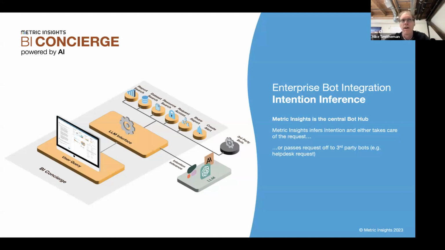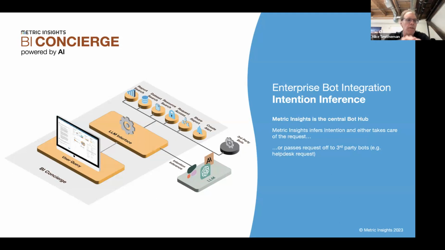I think Wayne referred to this when we were talking prior to the webinar as the Uber bot of bots, if you like, where as a user, I should just be able to ask my question regardless of what's going to answer it behind the scenes. And that Uber bot should do the inference around which underlying technology is best to answer that question and manage the flow of question and answers appropriately.